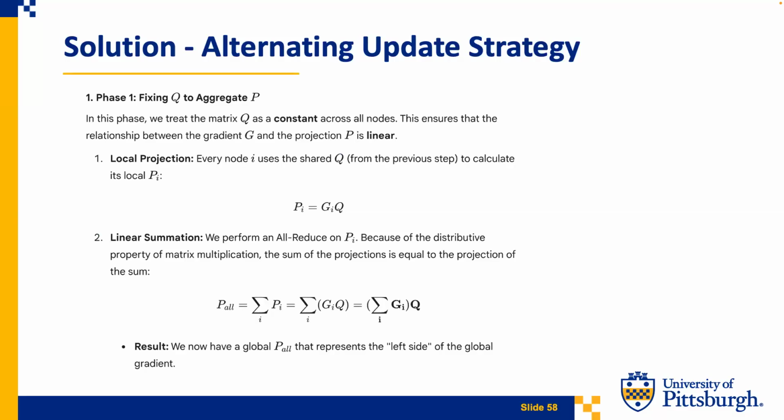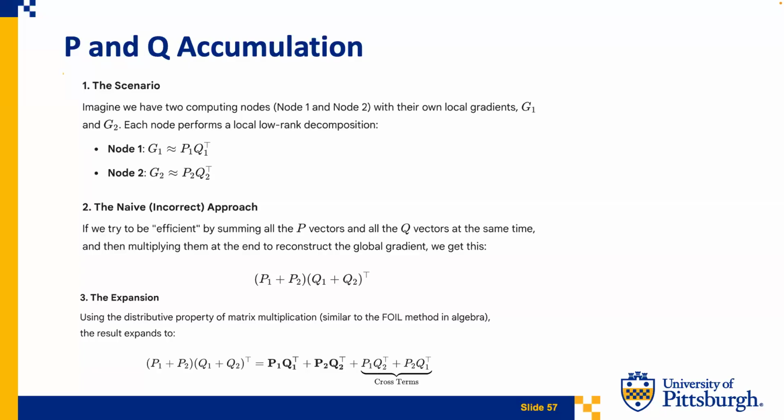The trick is that we are not sending P1 Q1 and P2 Q2 simultaneously. What we do is fix the Q vector. So we keep the same Q. Both node 1 and node 2 are going to have the same Q kept in their own memory.